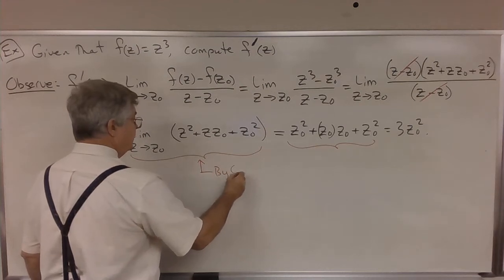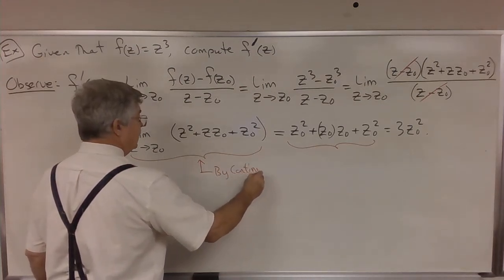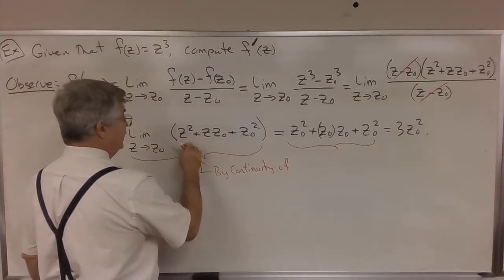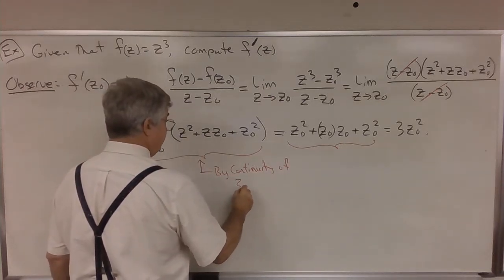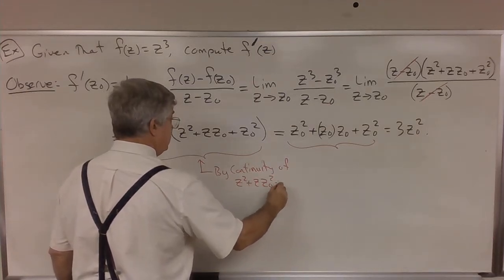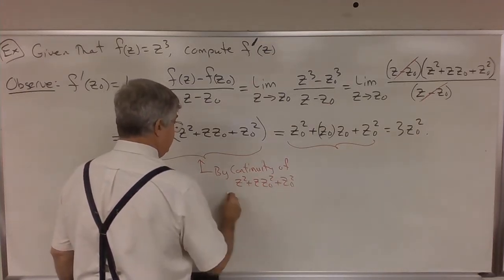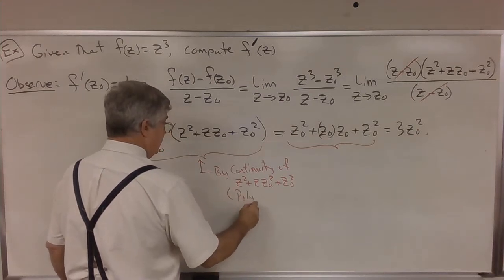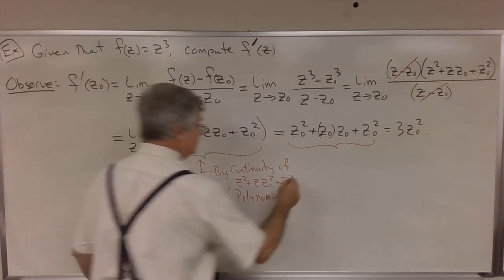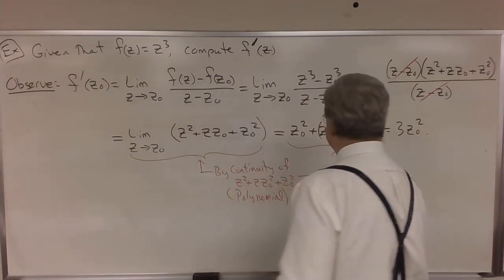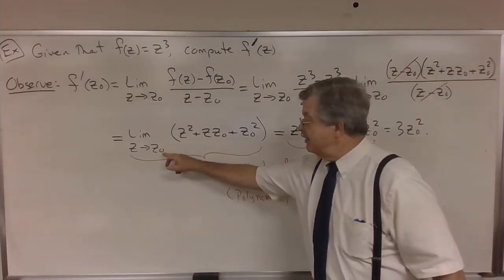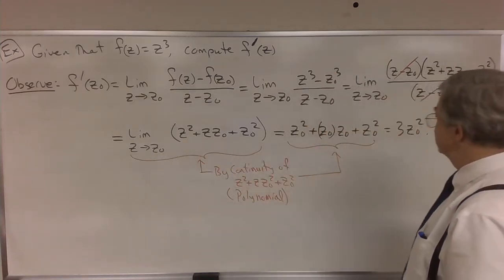I'll say by continuity of this polynomial, z squared plus z naught z plus z naught squared, it's a polynomial. We get to plug in the value that z approaches in order to compute this limit.